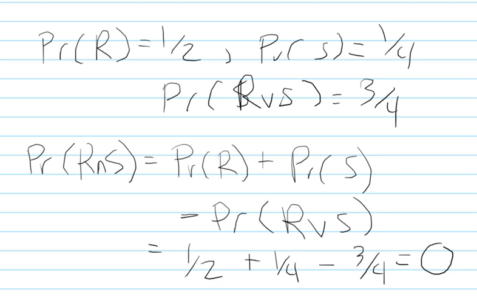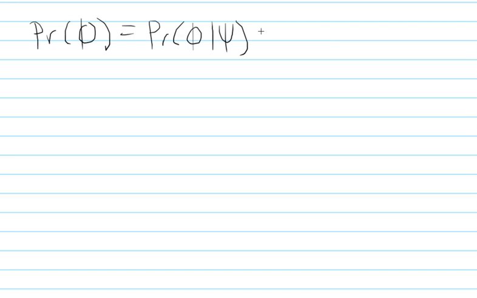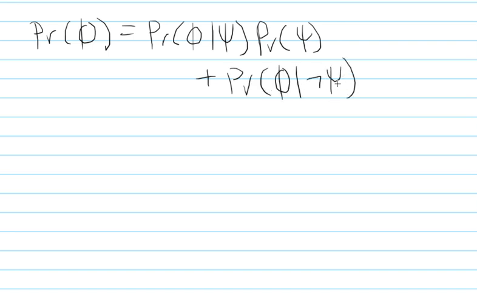The law says the probability of some sentence phi equals the probability of phi given any other sentence psi times the probability of psi, plus the probability of phi given the negation of psi times the probability of the negation of psi.